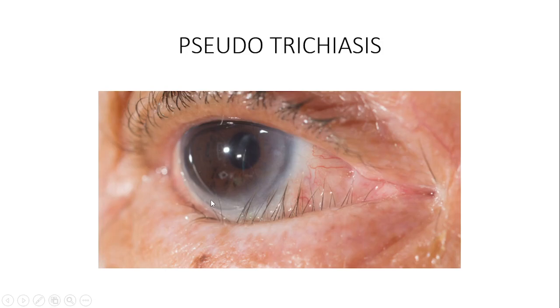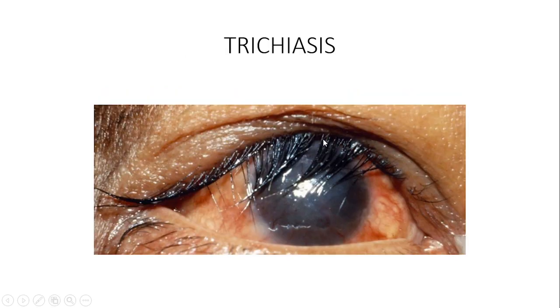So in the case of pseudotrichiasis, the eyelid margin has automatically turned inwards. Although the eyelashes are in normal orientation, because the eyelid margin has been turned inwards, automatically the eyelashes find themselves impinging negatively on the ocular surface, and that is known as what? Pseudotrichiasis. Whereas in trichiasis, the eyelid margin is normal.